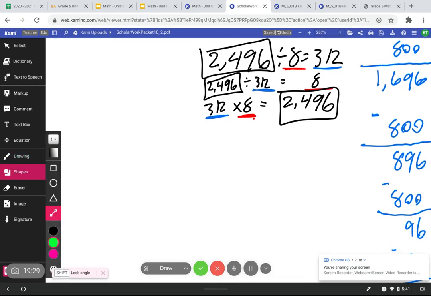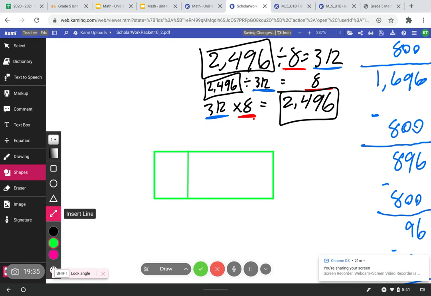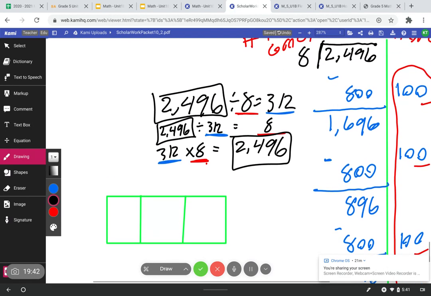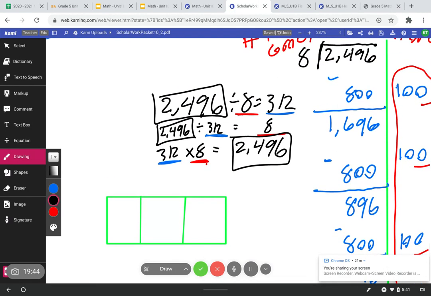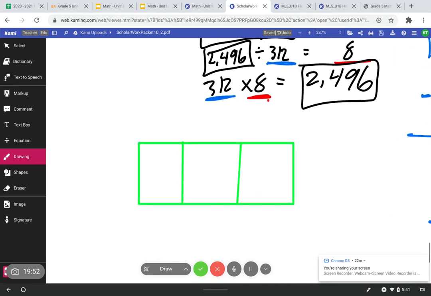So let's do that. I'm going to multiply and use an array to check my division work. So we're going to do 312 multiplied by 8. And if I get the number of the dividend, the number we were breaking up originally, the 2,496, then I know I did my division work correctly. So let's go. 300.